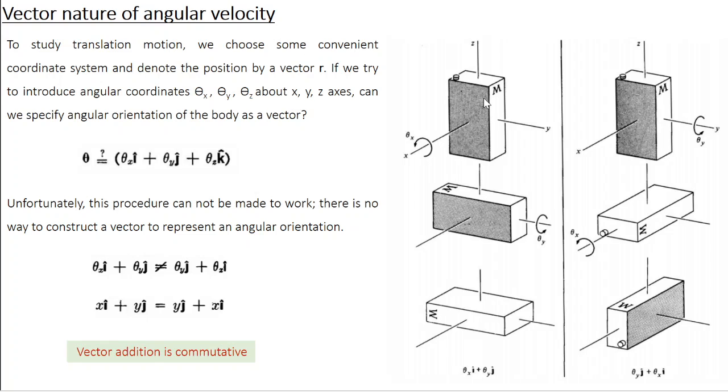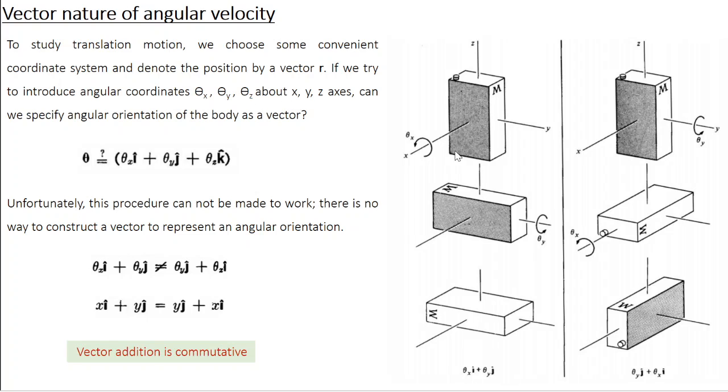So let's first calculate the vector theta x i cap plus theta y j cap, where theta x is counterclockwise rotation around the x-axis by 90 degrees, and theta y is the counterclockwise rotation around the y-axis by 90 degrees. So here I first perform theta x, then theta y.